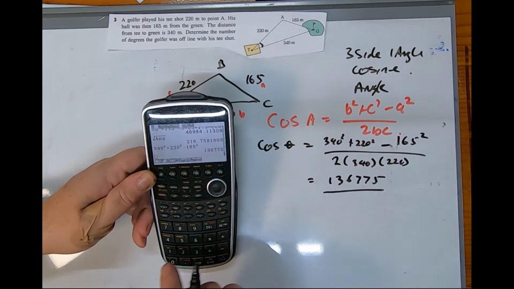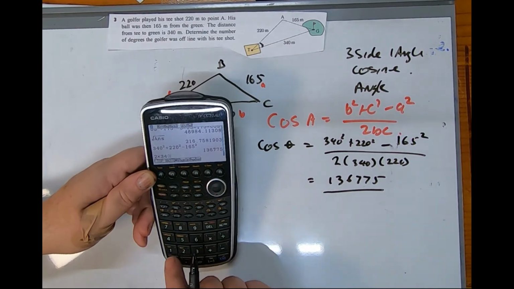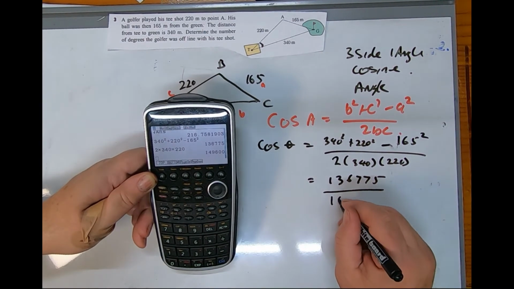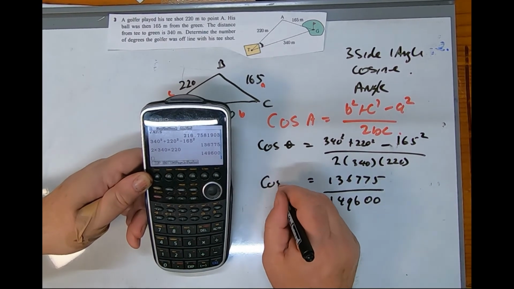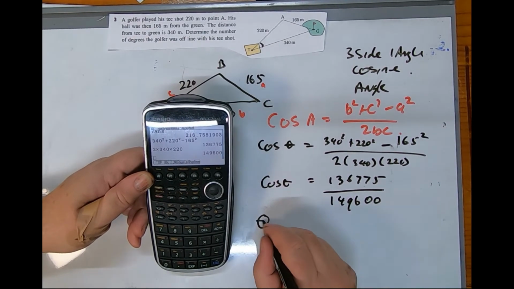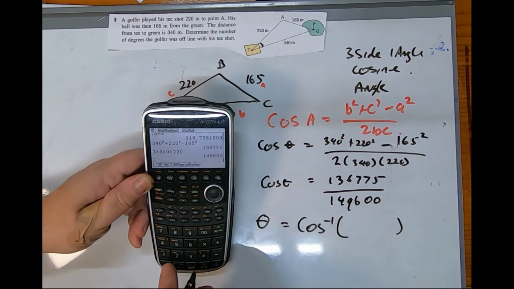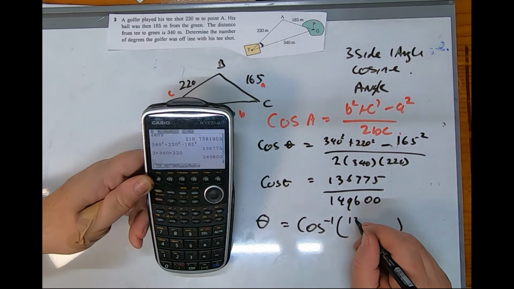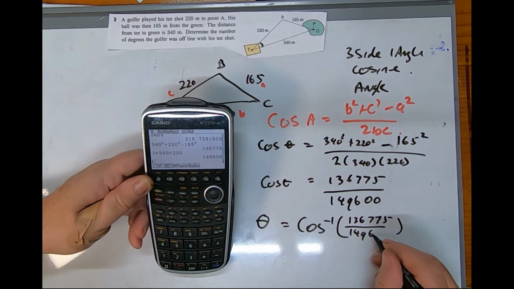136,775. 2 times 340 times 220 is 149,600. Next line is cos theta. It goes to shift cos of whatever this slot is going to be. 136775 divided by 149600.